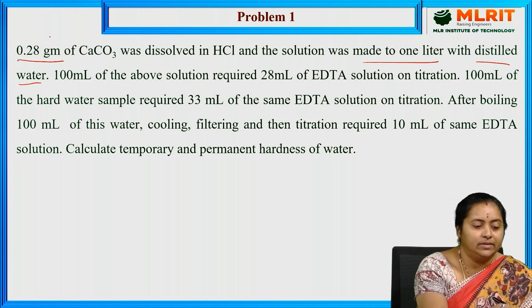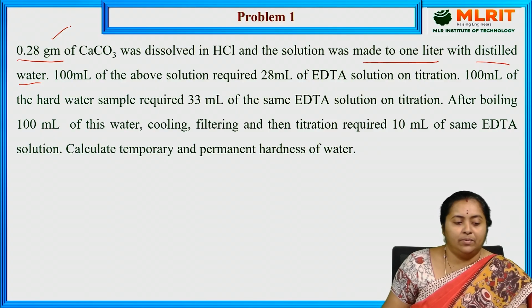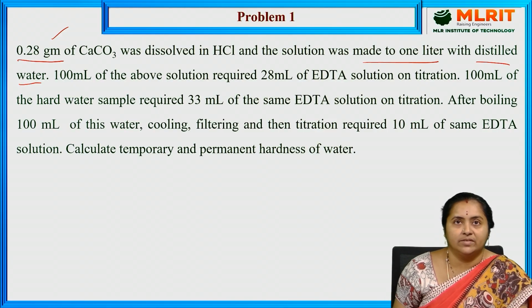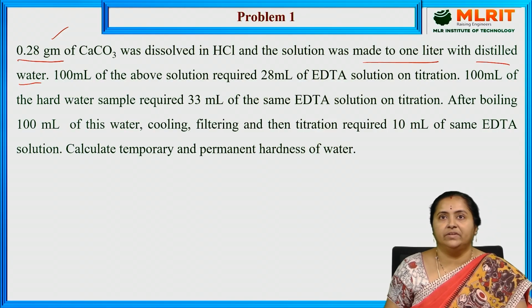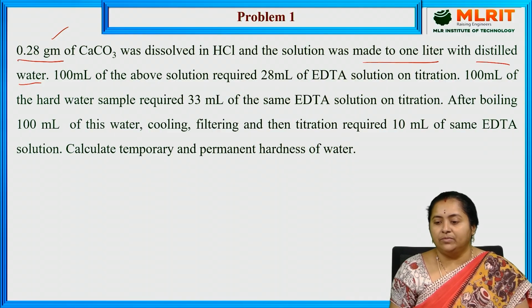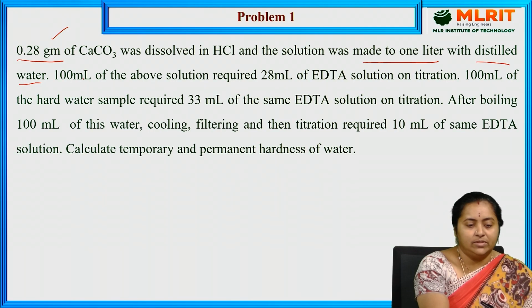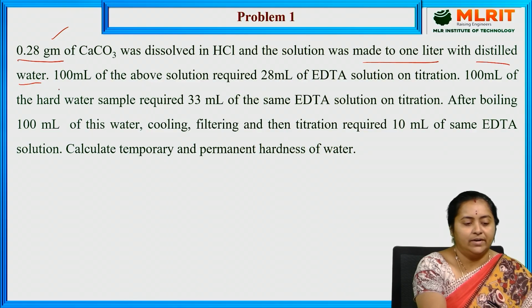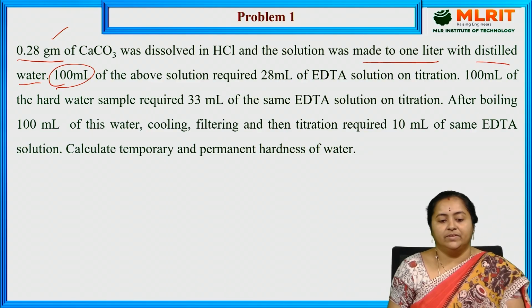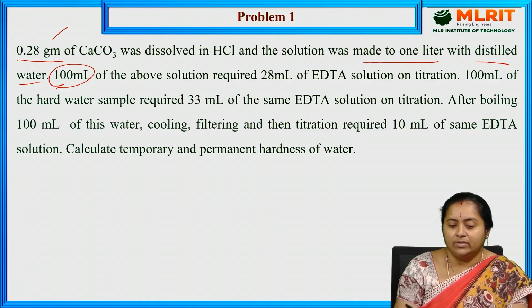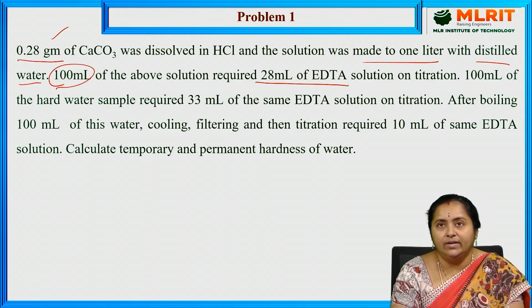So, in the problem, it is given that 0.28 grams of calcium carbonate was dissolved in a trace amount of HCl, and the solution was made up to 1 liter with distilled water. 100 ml of this standard water solution consumed 28 ml of EDTA on titration.